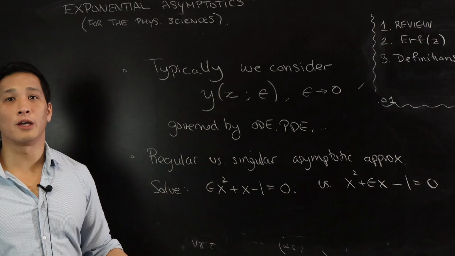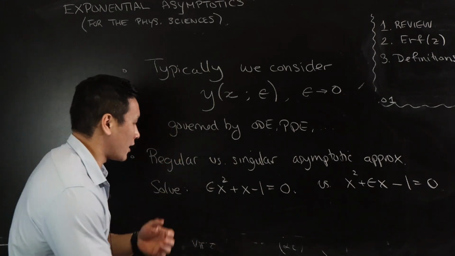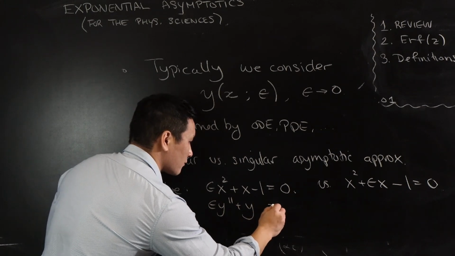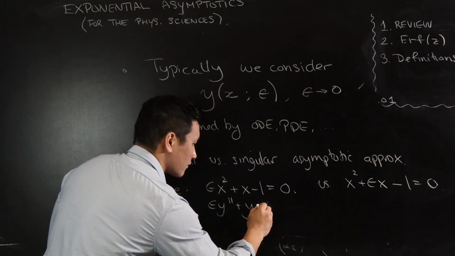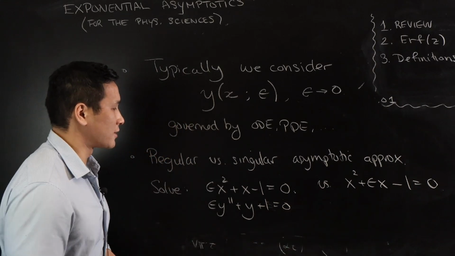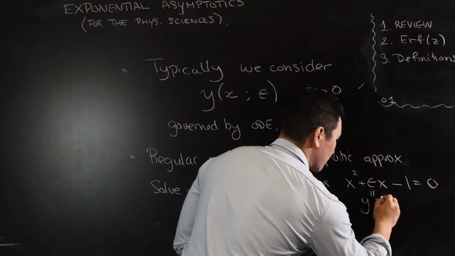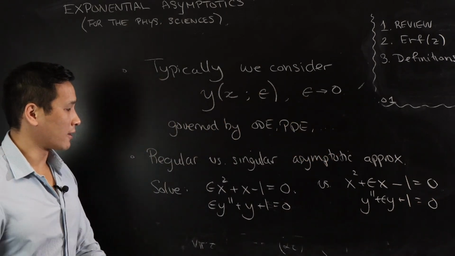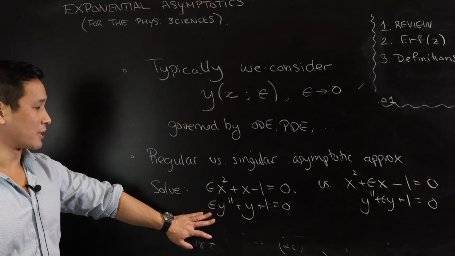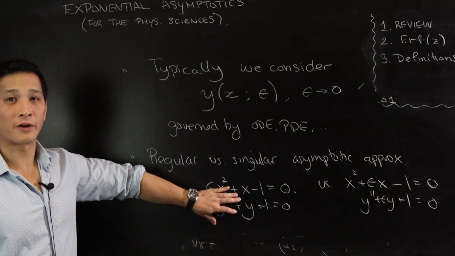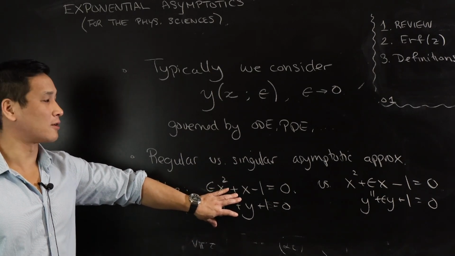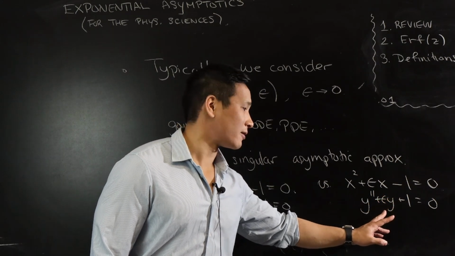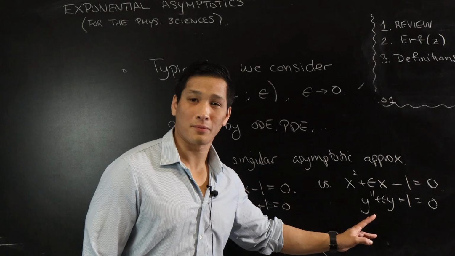And the same situation occurs for differential equations. I can have a differential equation like this, say, versus I can have a differential equation like this. And again, the point is that this is a singular perturbative problem because when epsilon is 0, you've fundamentally changed the structure of your solution. Whereas in this one, if epsilon is 0, you still have 2 linearly independent solutions to this second order problem, right?